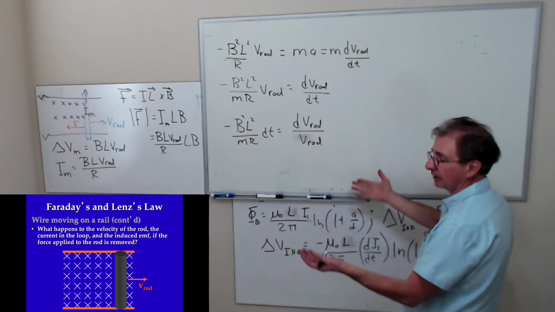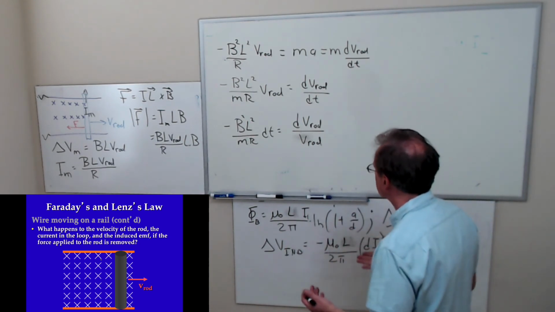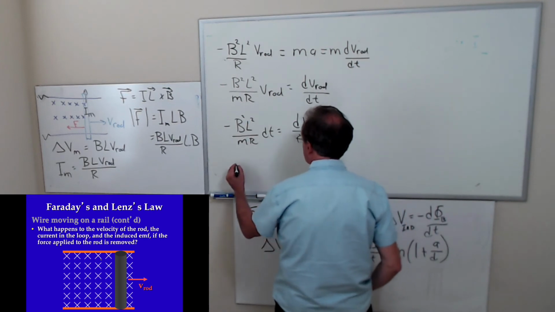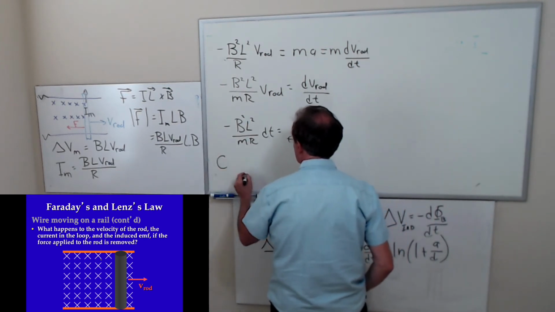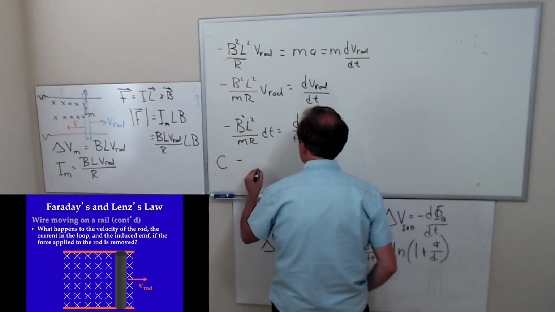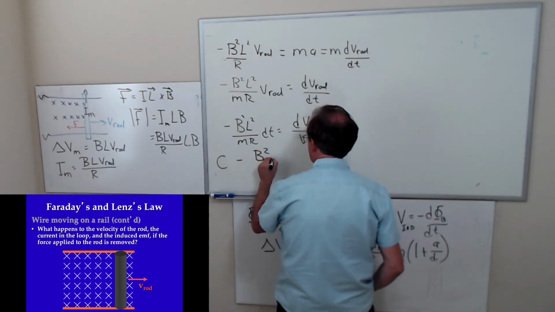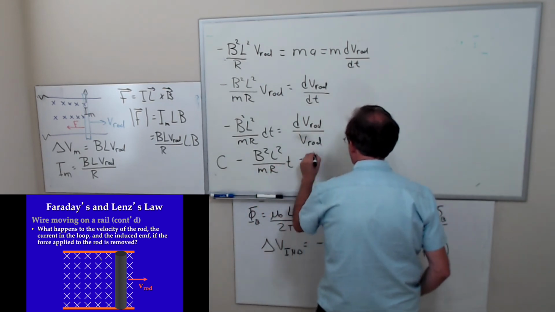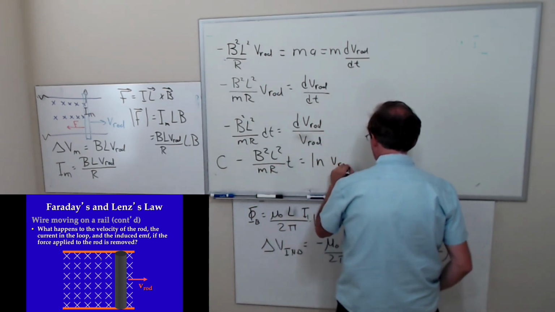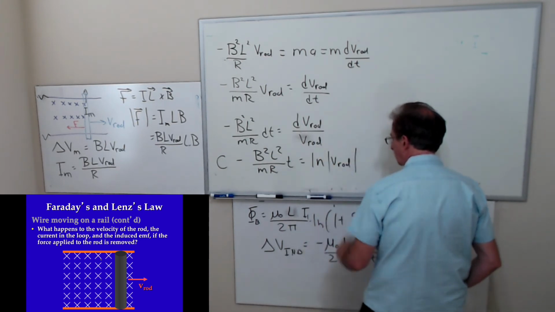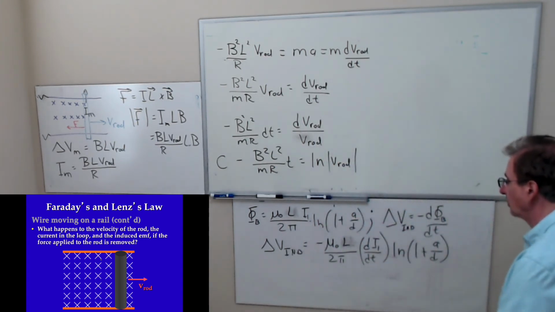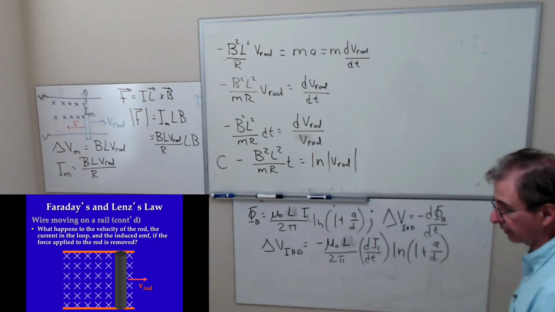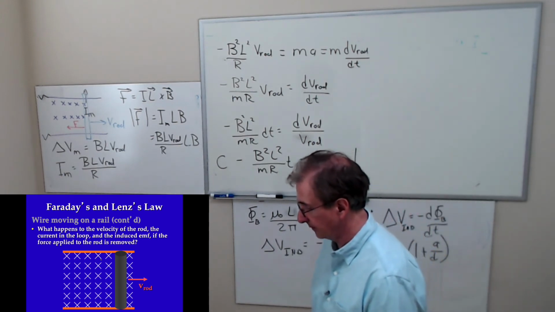So now let's integrate this. If I integrate this, then I get some constant minus B squared L squared over mR times t, and that's equal to the natural log of the velocity of the rod.